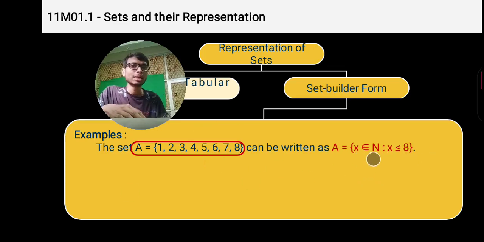Right now, did you understand what it is saying? It is saying x belongs to N, and if we are saying x belongs to A, it means we have natural numbers. So we will start taking natural numbers, but where to end? This is the main point. We will have to end at 8. Till 8. We will take 8 as well.